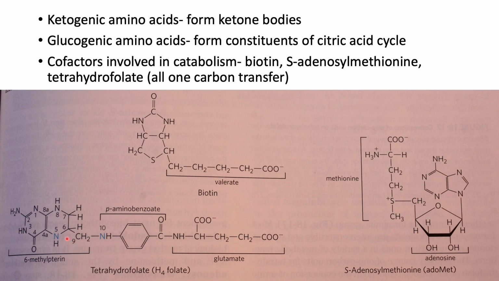The folate is here. There's a delta or 6-methyl pterin right here, and this part is the P or para-aminobenzoate moiety there, and glutamate is here. So this is tetrahydrofolate, which is a component of folic acid. Again, this is a one carbon transfer, and is again one of the nutrients that's required in the body.